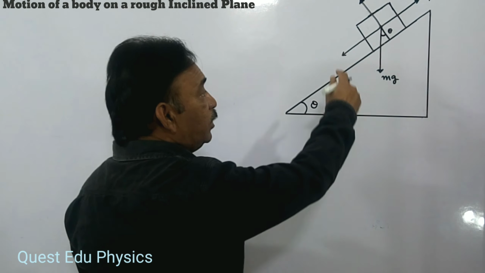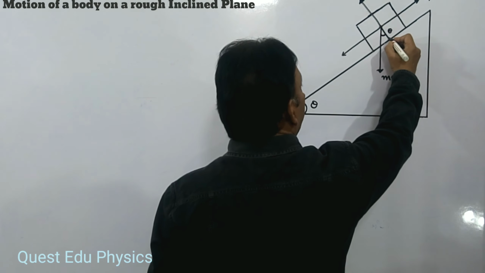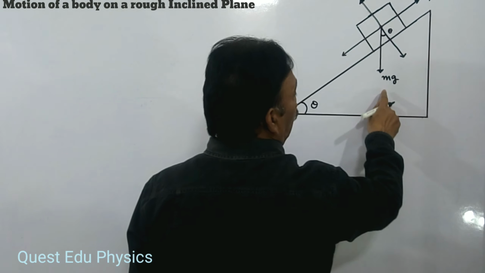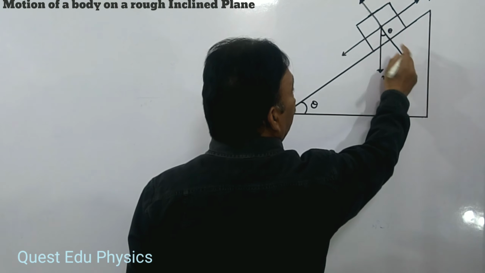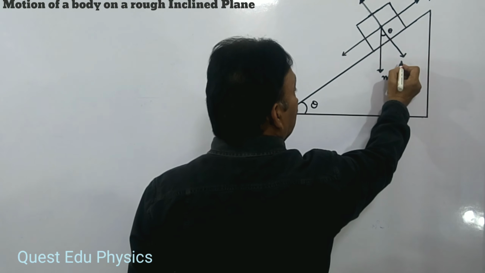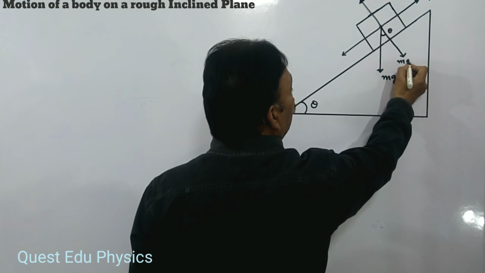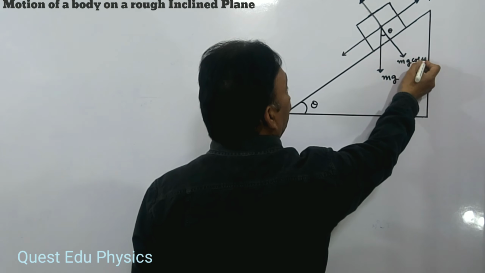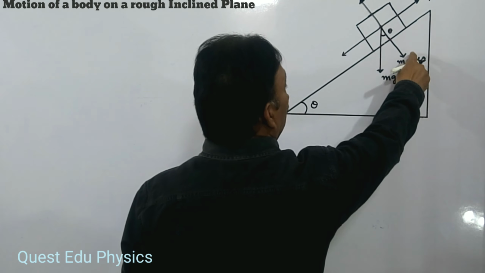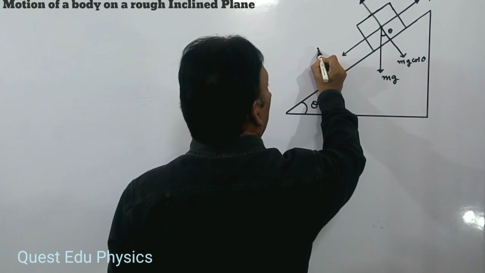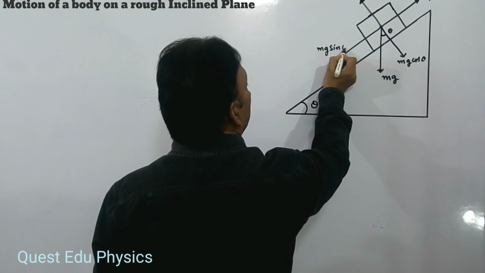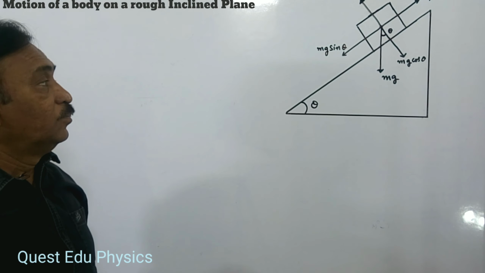I will tell you how it will be theta right now. Students, mg is the weight. The component which is always beneath the theta is mg cos theta, and the next component is mg sin theta.